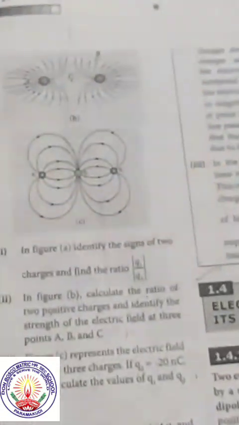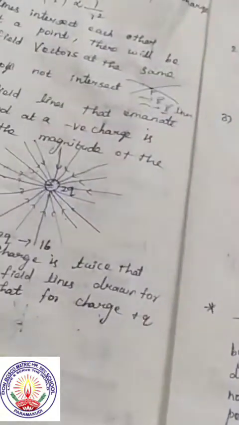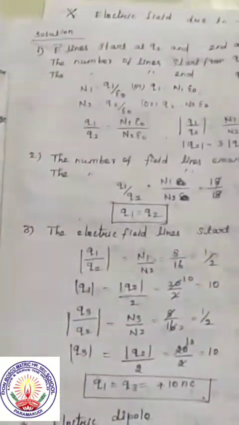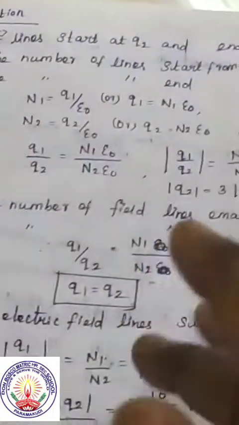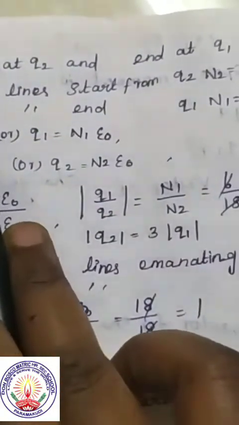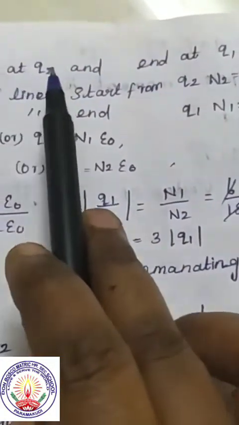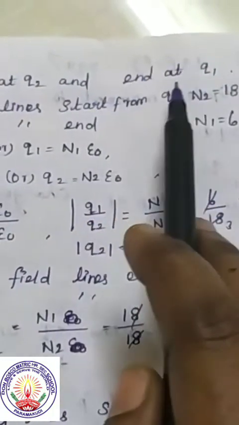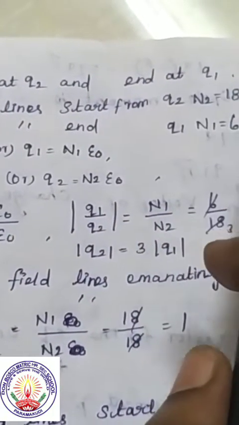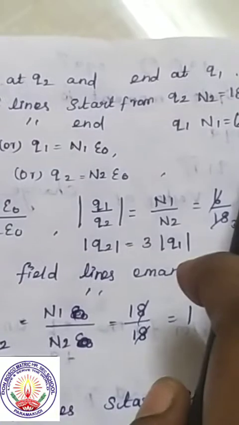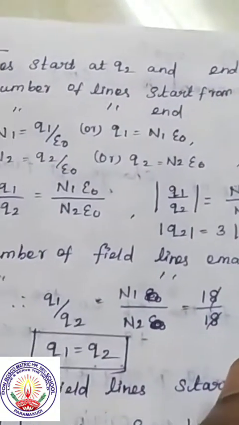So first we have to consider the first case. The first diagram, electric field lines start at Q2 and end at Q1. So Q2 is the positive and Q1 is the negative.